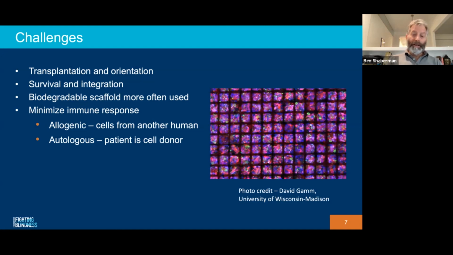And that's more likely when you're transplanting allogenic cells, which are cells from another source, from another human. Now, if you're using induced pluripotent cells where the patient is the cell donor, we call those autologous cells, and the immune response is much less likely because the transplanted cells are coming from the patient themselves.